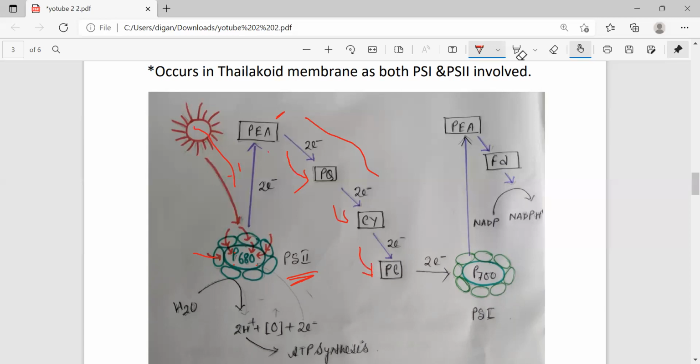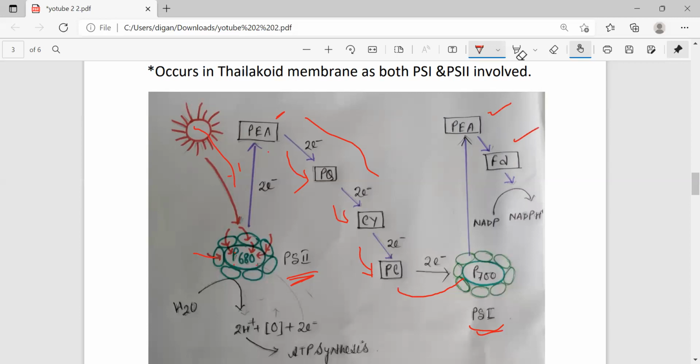Next is plastocyanin, and from the last electron carrier the electron enters another photosystem, known as photosystem 1, since here the reaction center's light absorption is maximum at the P700 wavelength. From photosystem 1, the electron is again excited and accepted by another primary electron acceptor, and from there it goes to another electron carrier, that is ferredoxin.